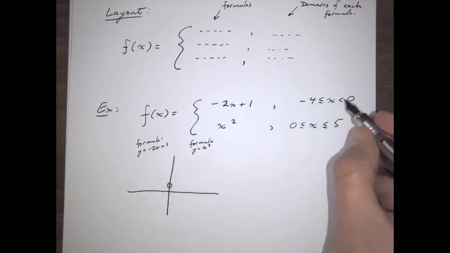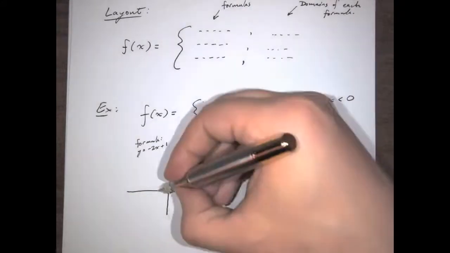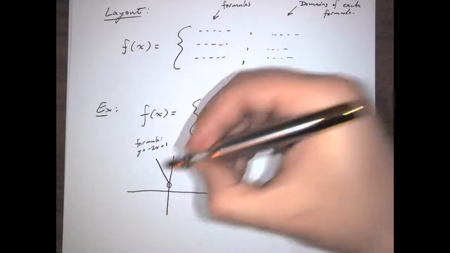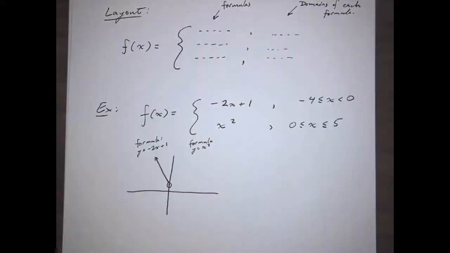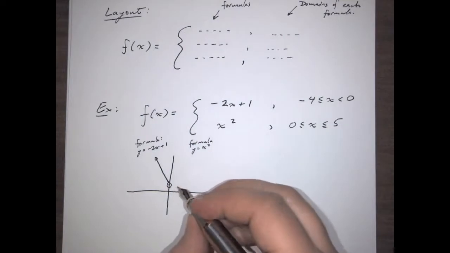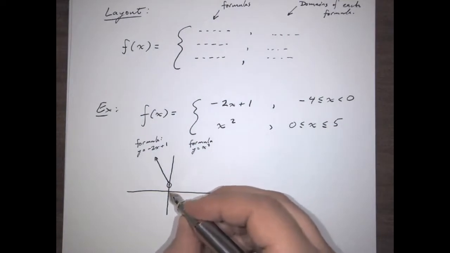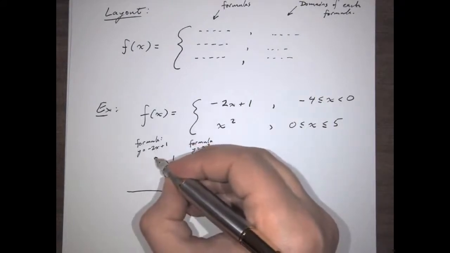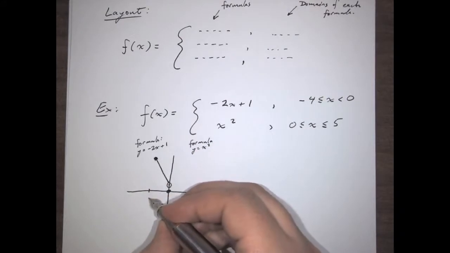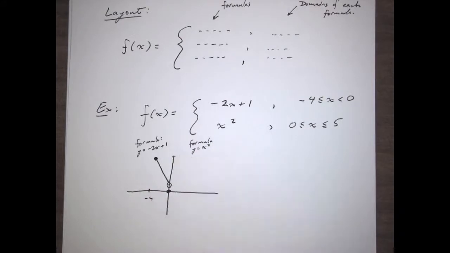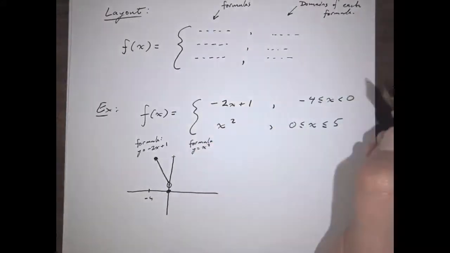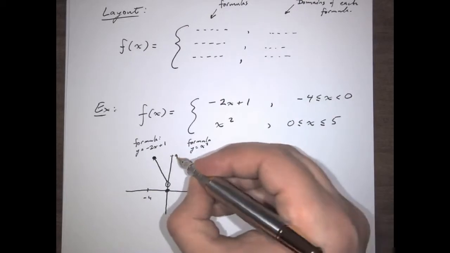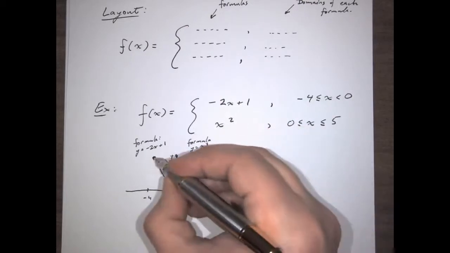Because the 0 is not included, we're going to have an open circle, with a negative slope of negative 2, like so. Sorry, it only goes to negative 4. If we plug in negative 4, that gives us 9 in the original formula, and that tells us how high that dot is.